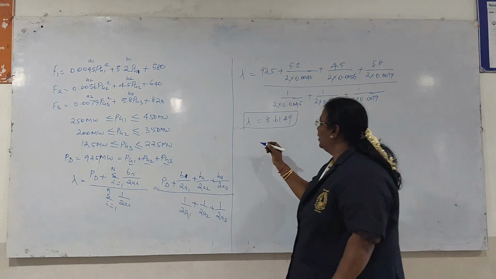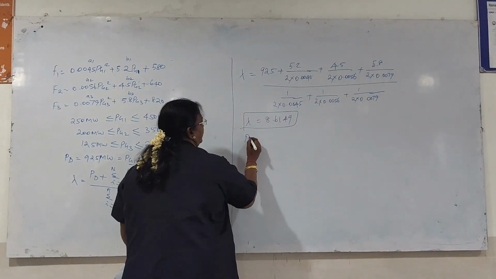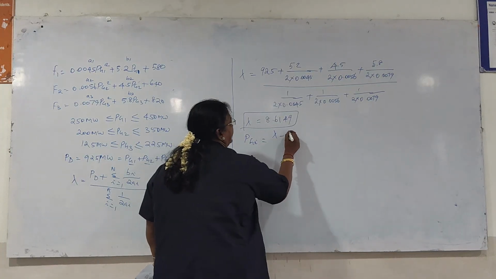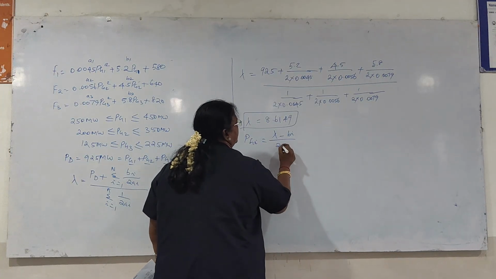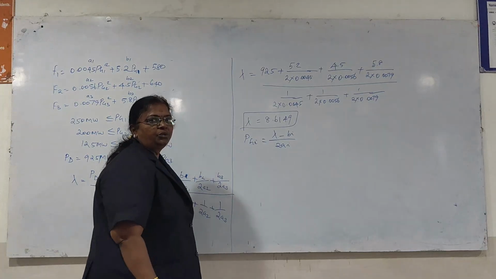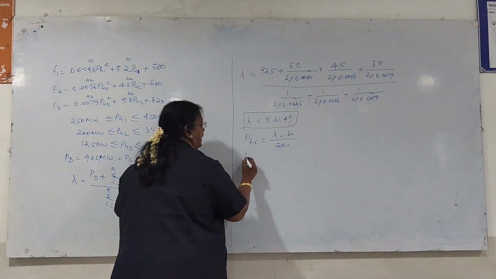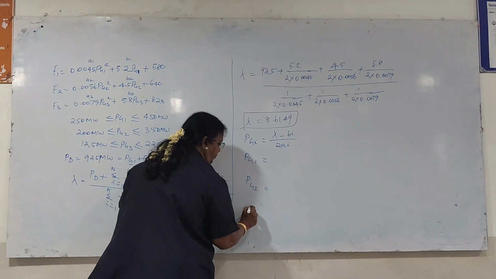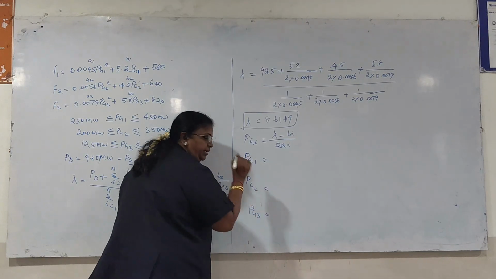So what is the formula for Pgi? That is the generalized formula: lambda minus Bi by 2Ai. So we have to calculate Pg1, Pg2 and Pg3.